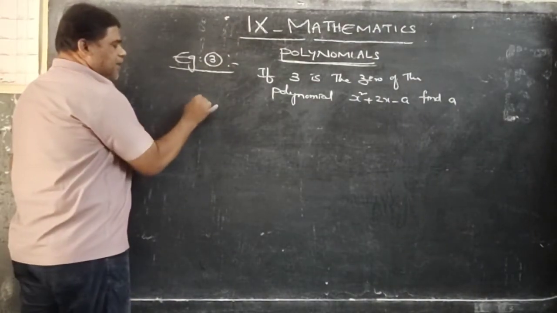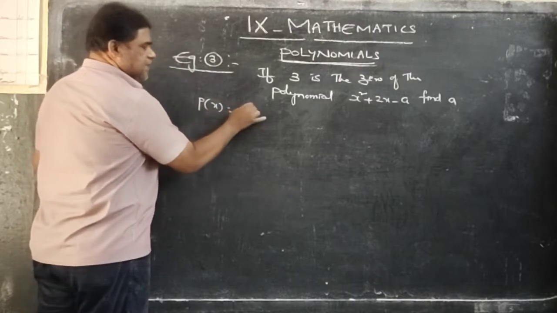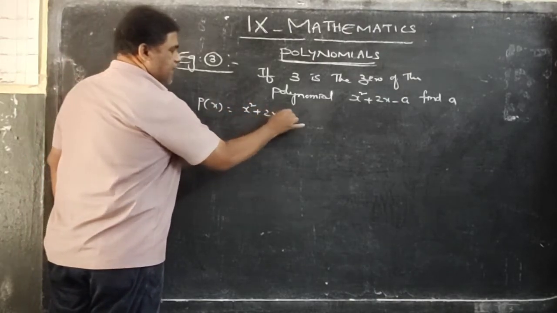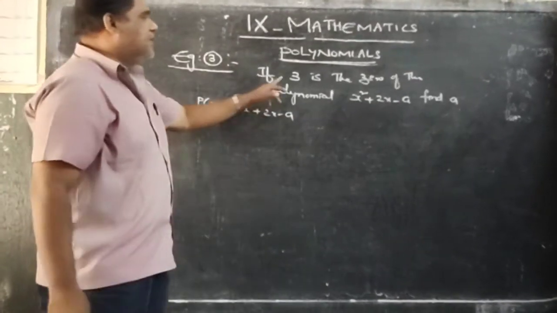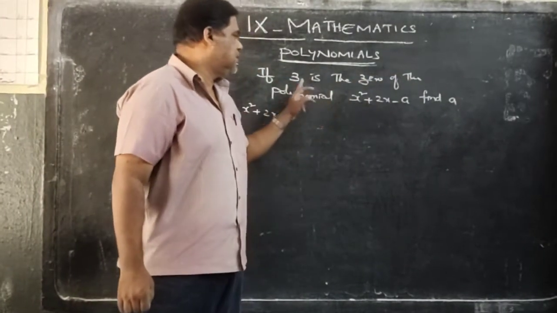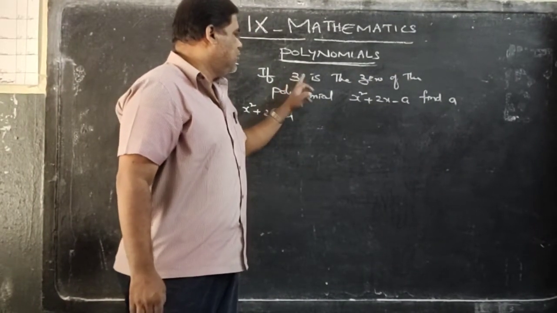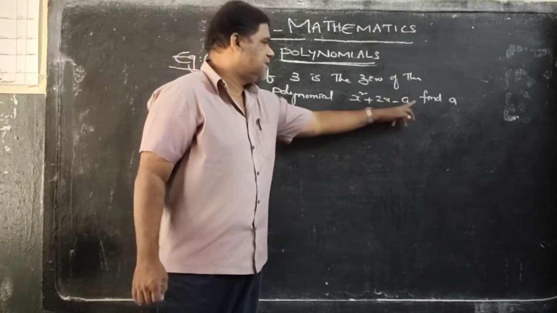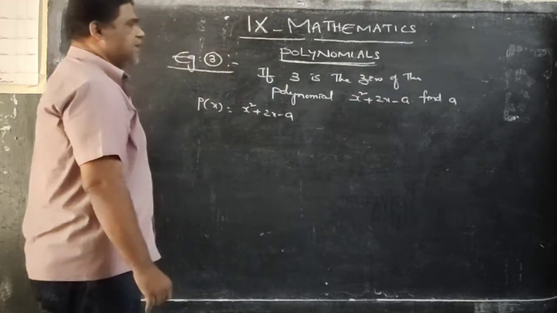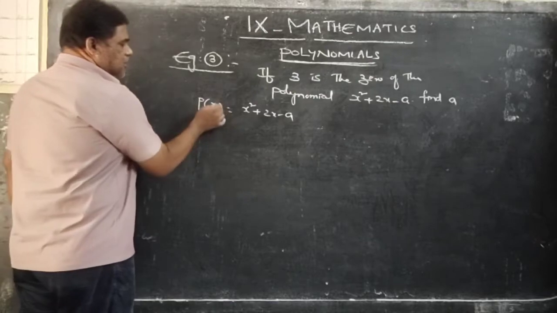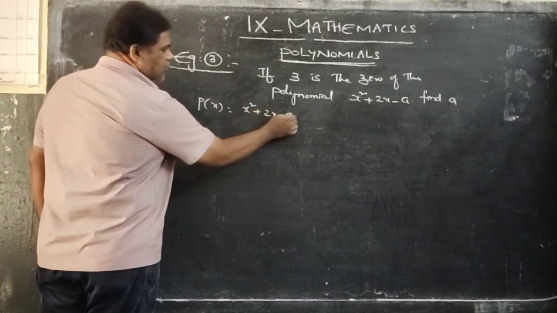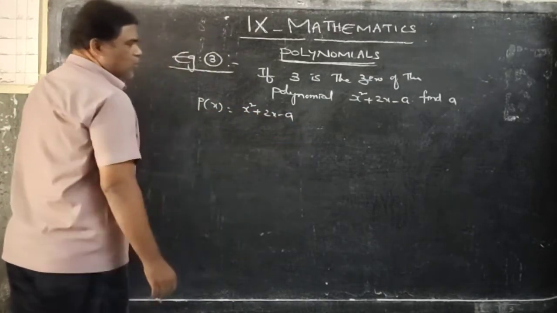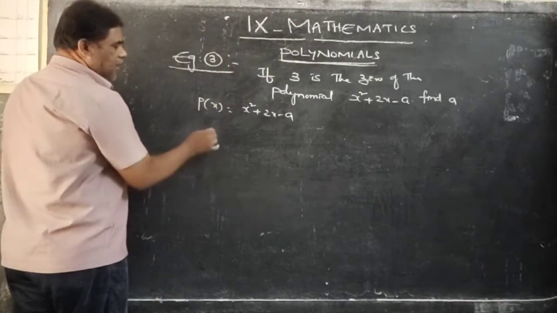Here the given polynomial, suppose it as p of x, x square plus 2x minus a. Given that 3 is the 0 of the polynomial, 0 of the polynomial means if you substitute x is equal to 3 in this, you will get the answer 0. That is the definition of 0 of the polynomial. So on substituting x is equal to 3 here, the answer is 0.